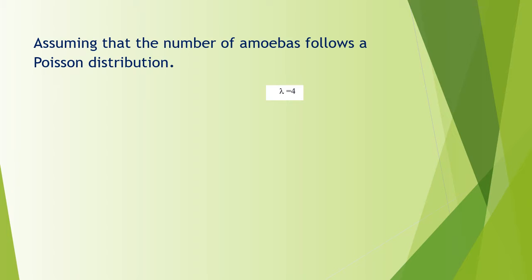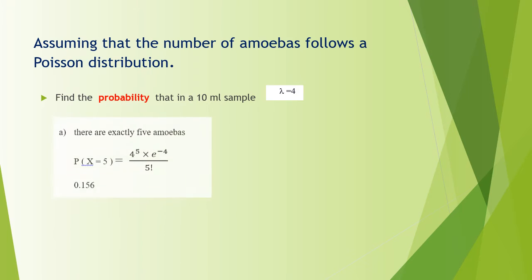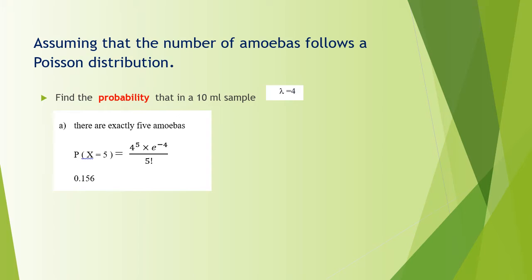Assuming that the number of amoebas follows a Poisson distribution, find the probability that in a 10 milliliter sample, there are exactly 5 amoebas.